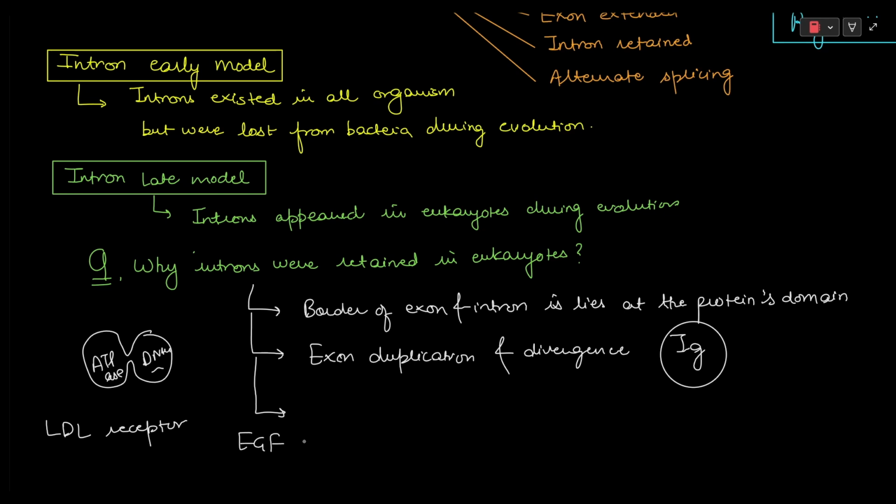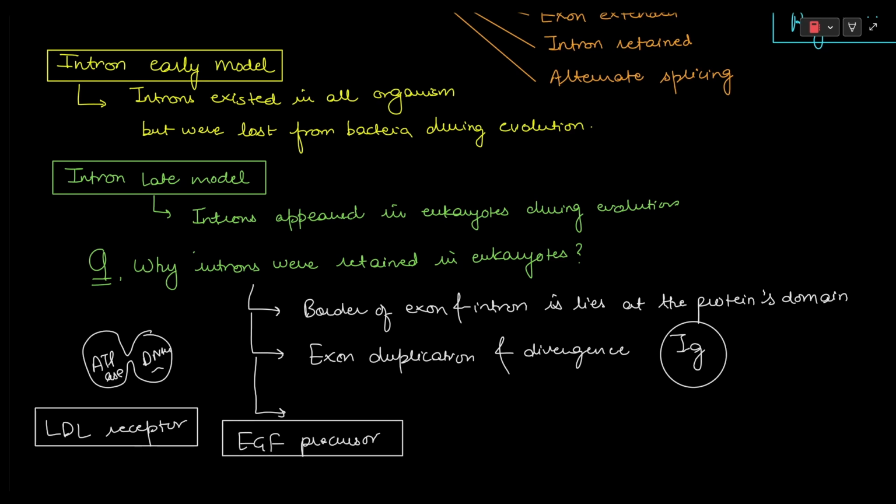So this suggests that due to the divergence of the exons, the exons present in the EGF precursors are also found in the LDL receptor. That is my argument. So what does it suggest? It suggests that the exons present in the EGF precursor proteins somehow got transferred or duplicated into the LDL receptor.